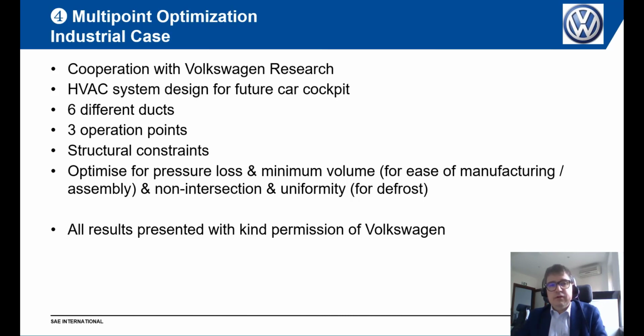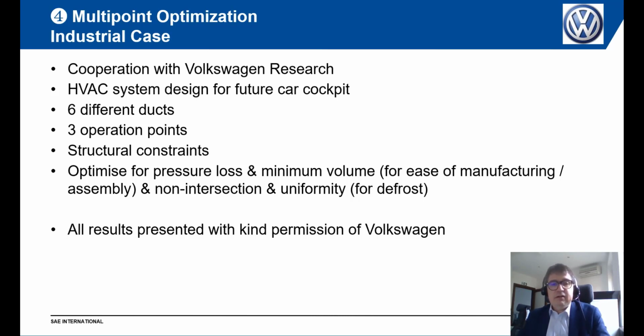If we extend this and look at a real industrial case, we have done work in cooperation with VW Research for an HVAC system designed for a future car cockpit. We have 6 different ducts, 3 operating points, and structural constraints, and the idea was to optimize for pressure loss and minimum volume, and also to make manufacturing easier, and the assembly, of course.